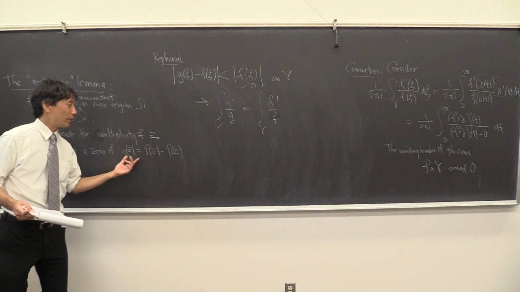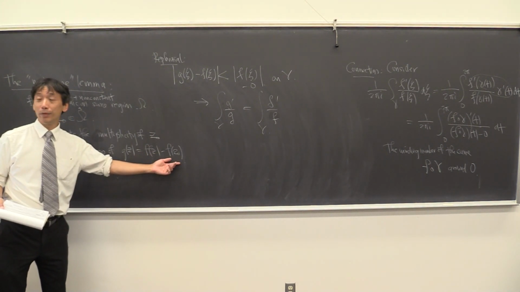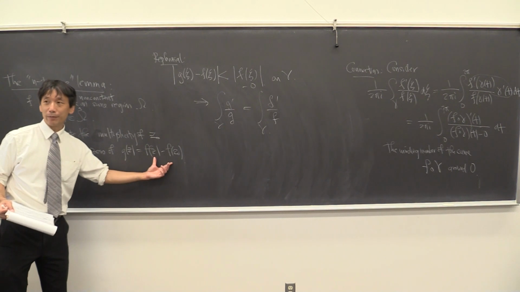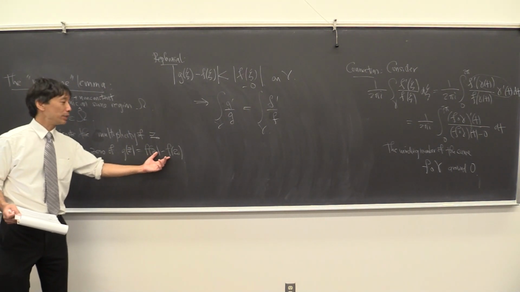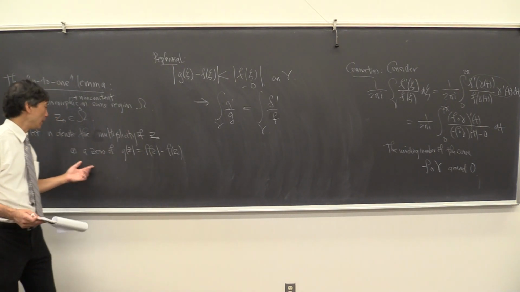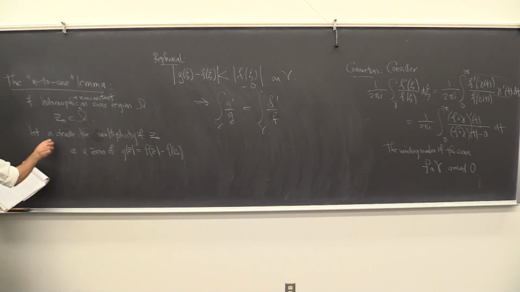You make a function by subtracting off the value of f of z naught. That of course has a zero there, and you look at the multiplicity of that shifted function. Call that multiplicity n.